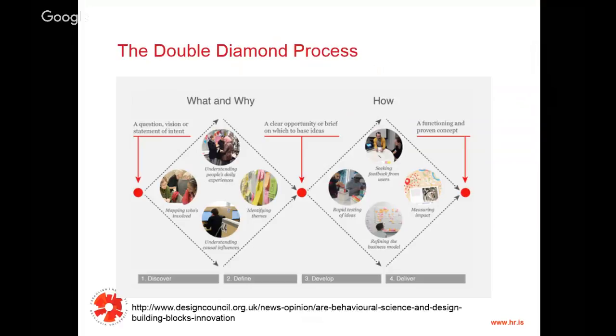So you ask people to help you to get design ideas based on the material you got from understanding people's daily experiences. And you will also seek feedback from the users. You do that already in project 3. In project 4, you will refine the design and measure the impact.